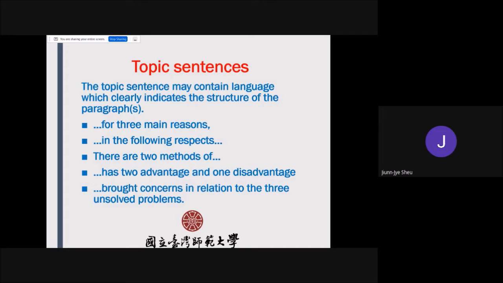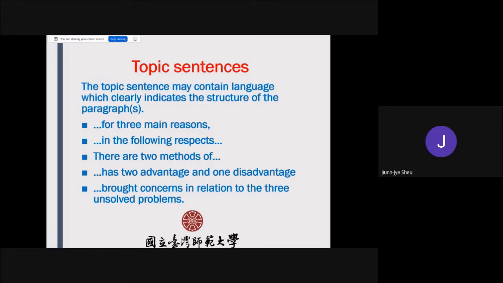And you also want to clearly provide the structure of the paragraph, such as if you have 3 reasons in your supporting sentences. So you may say for 3 main reasons, or in the following respects, or there are 2 methods of whatever, experiments or survey or teaching.